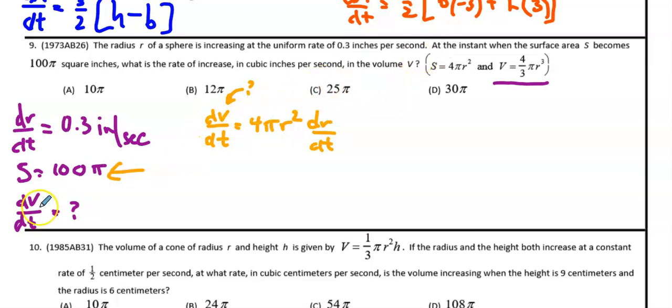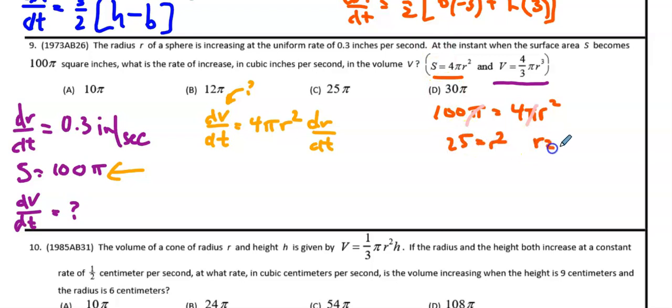Since I know that the surface area we're looking at this time is 100 pi, I can now use this equation and set S equal to 100 pi, and then I get 4 pi r squared. And just as simple as that, ladies and gentlemen, we can find r. We know that the pi's are going to cancel. When we divide 100 by 4, we get 25.